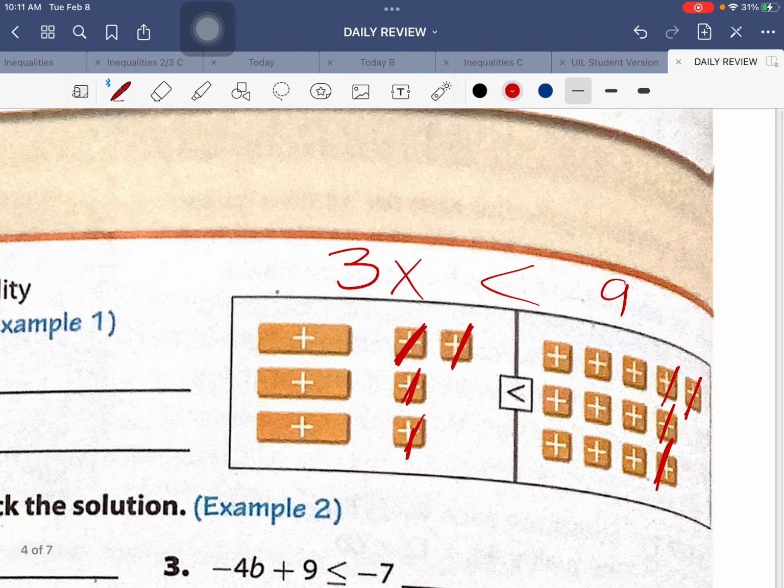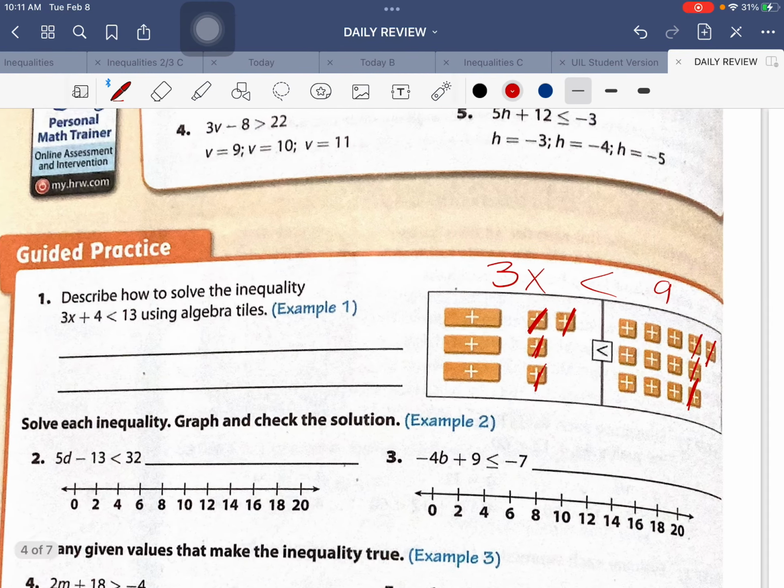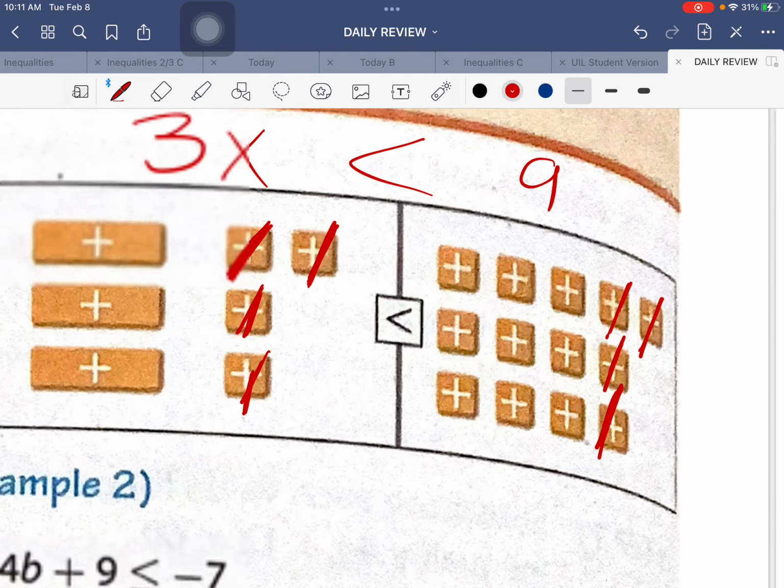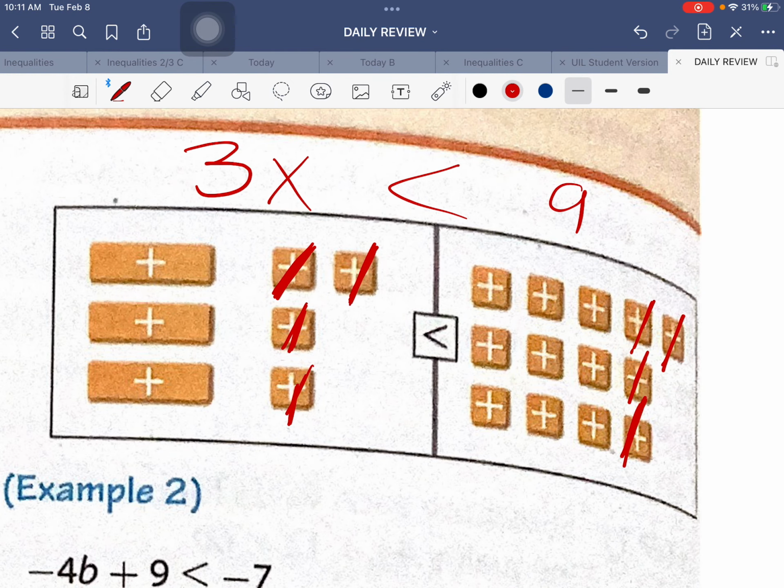Now, what do we do, guys? Each one is going to have how much? Don't get scared, guys.